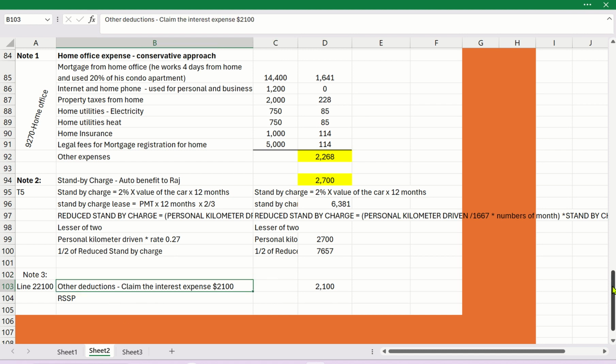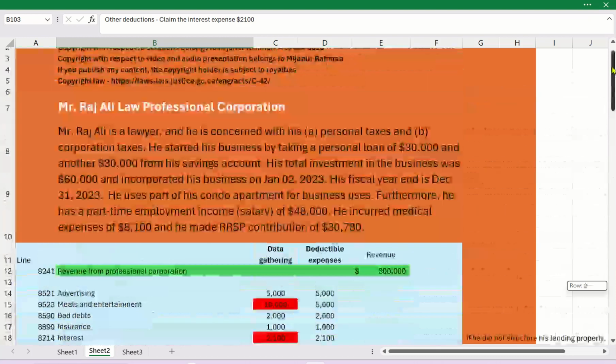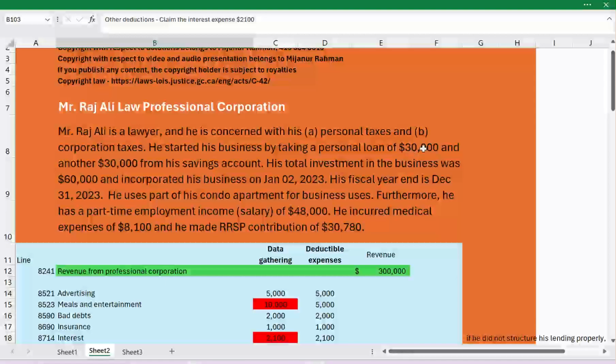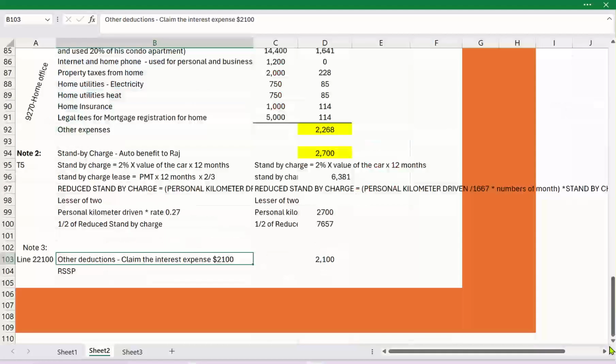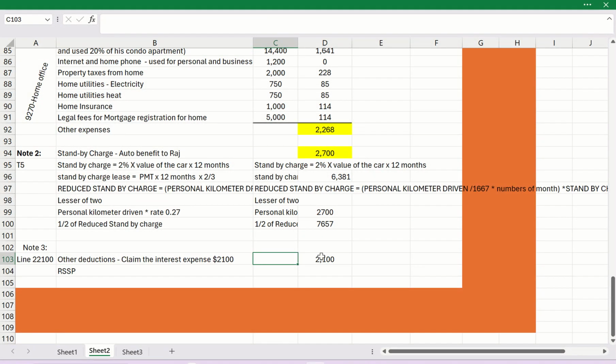Also, remember, he borrowed 30,000 from the bank, and he paid interest. Now, this interest he can claim on his personal tax return, right? So I'm going to show that to you in the profile software now.